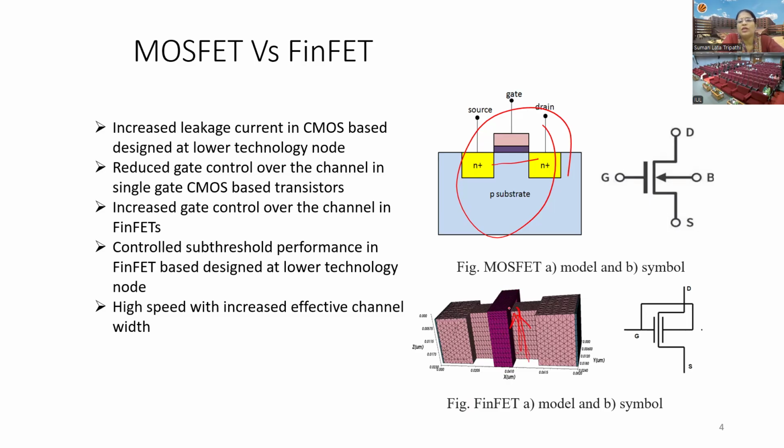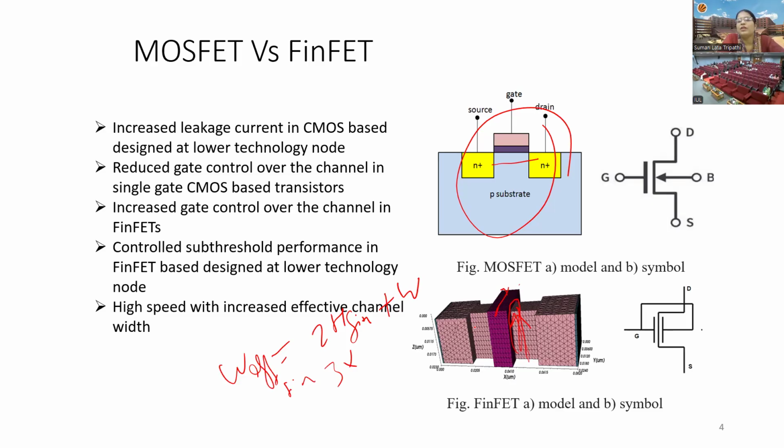So the overall conducting channel will be 2 times the height of the fin plus the width of the fin. So overall, this is the effective width of the fin.